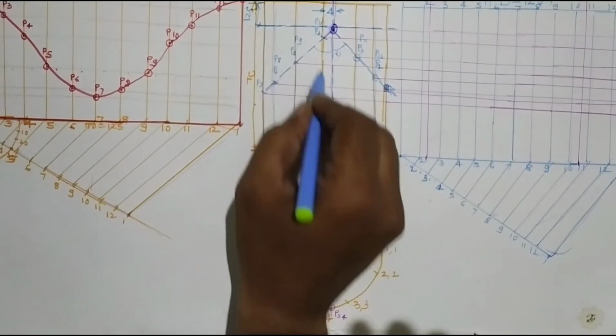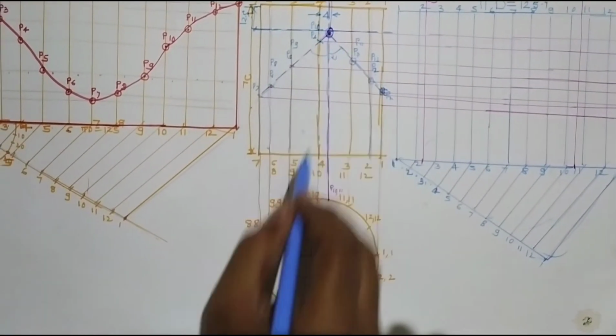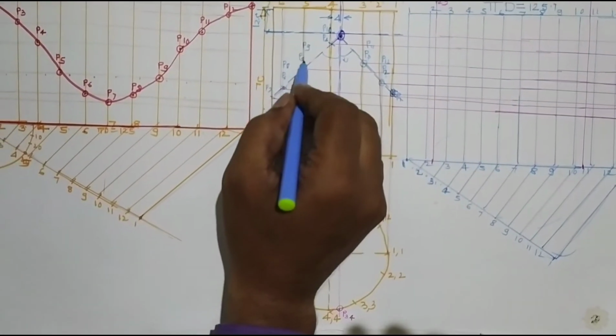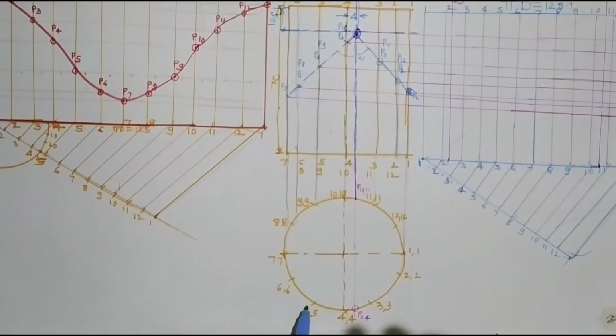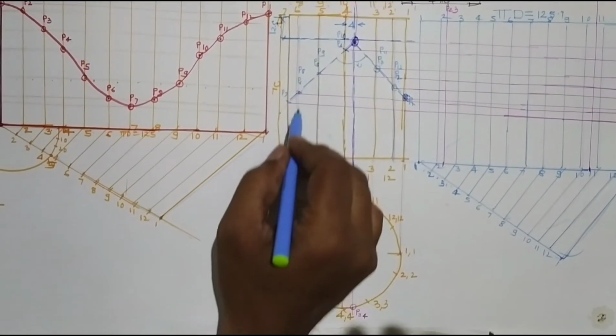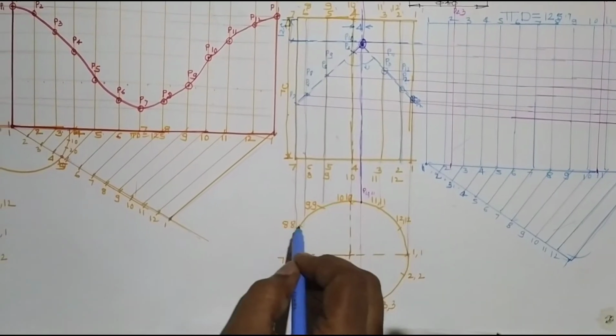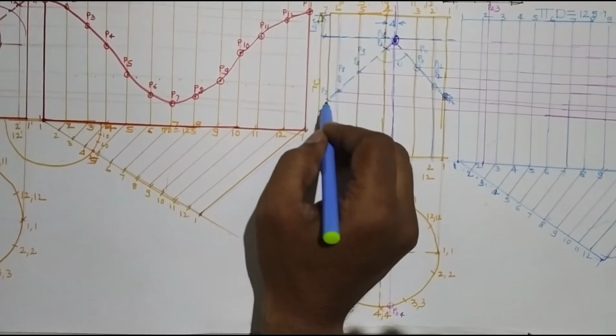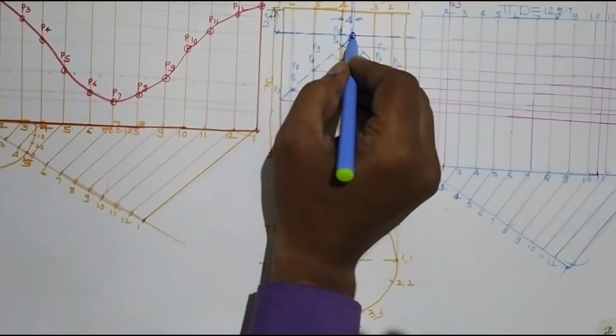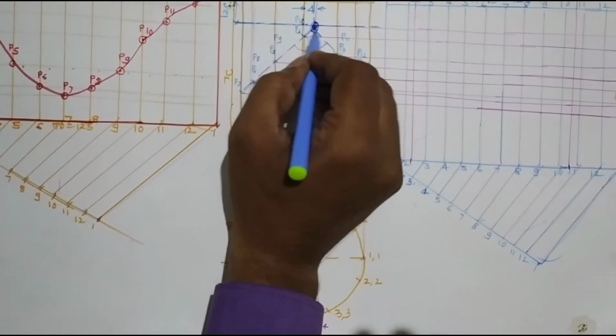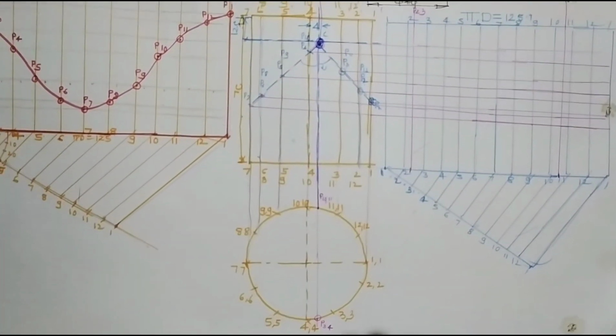This is the P4 and P10. This is the P5 and P9. This is P6 and P8. This is P7. But this point where the cutting plane started is the C point.